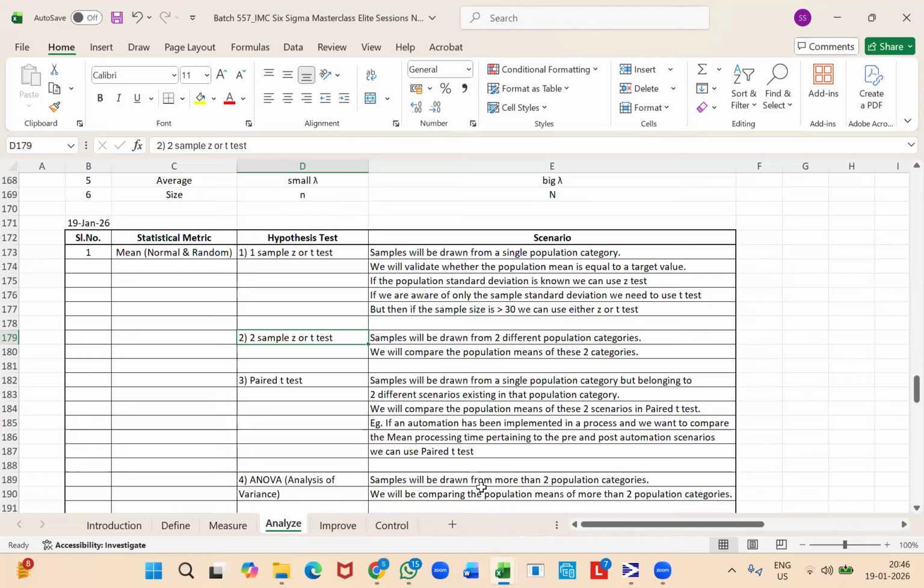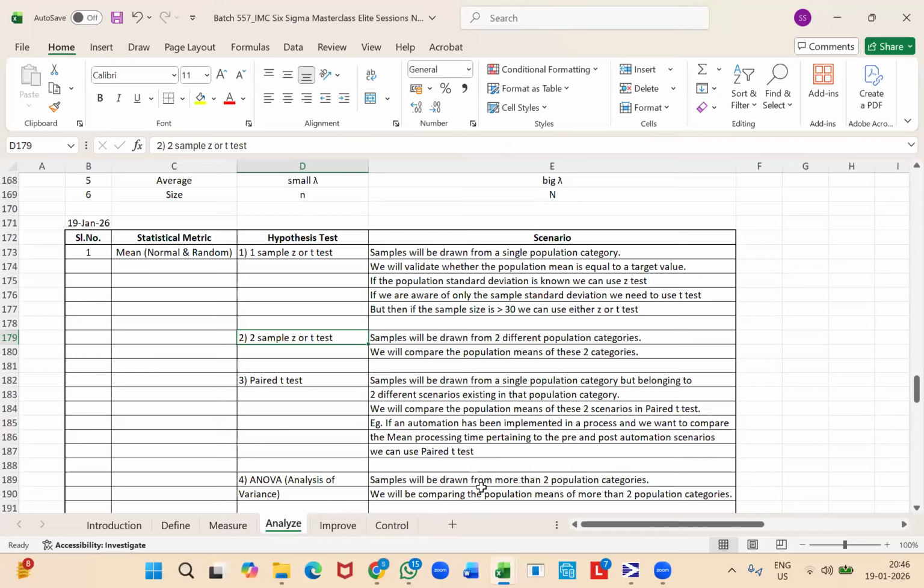Say, for example, there is mean weight of production reported by multiple production centers, say production center A and production center B. If you want to compare the population mean weight of production pertaining to these two production centers, then we need to perform two sample mean test, right?